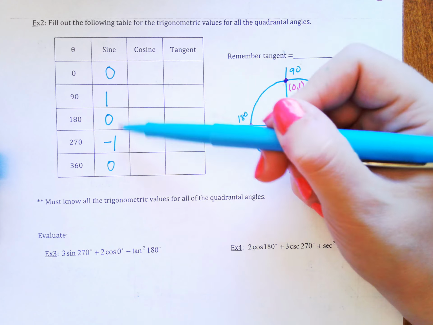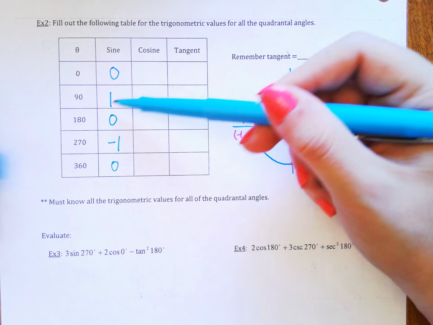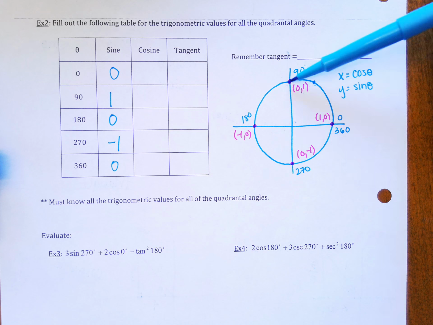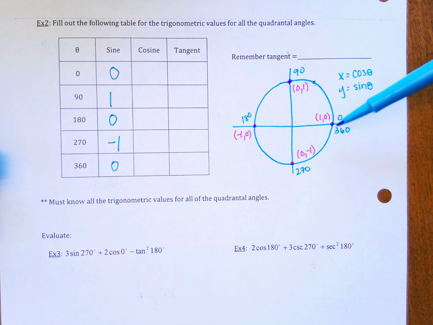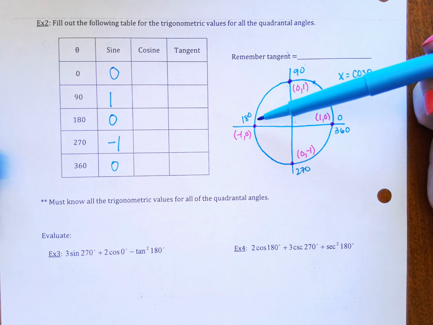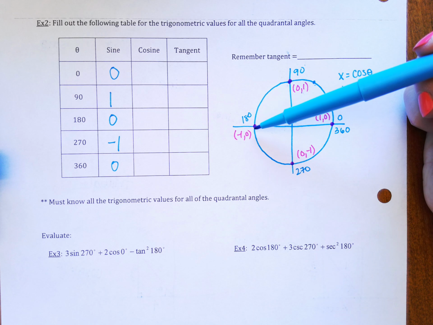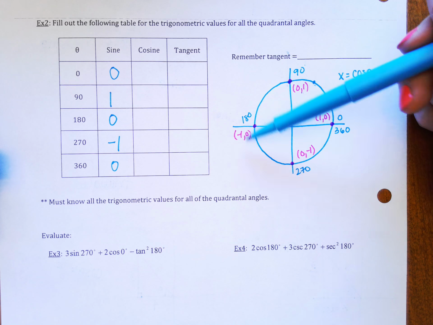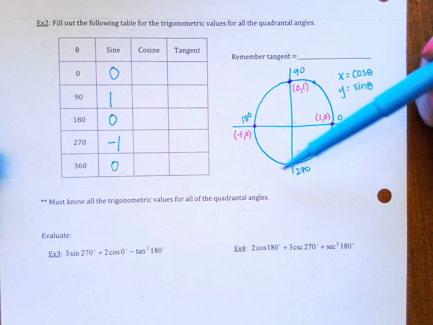So you can see that we're going in this pattern. Between these values, going from 0 to 1, my sine value is increasing, because I'm getting closer and closer to 1. And then it decreases because my y coordinate is decreasing, and I'm going closer to 0. And then it's getting bigger in the negative direction, because my y value is getting deeper into the negatives.